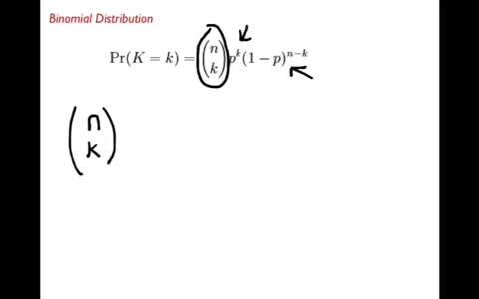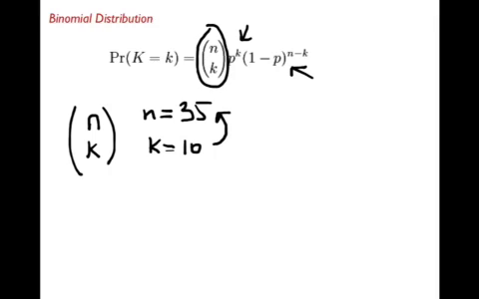So in this example, n is 35 and k is 10, right? So the n combination k tells us how many different ways can you choose 10 users out of the 35 users that are using the link.